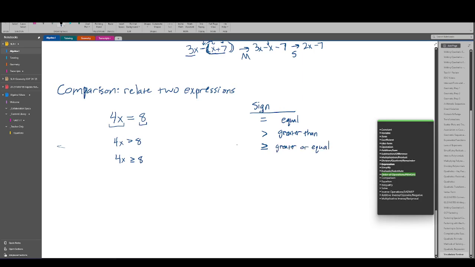And then we have comparators that say something is smaller. So if I have 4x and that symbol and 8, that means less than. So 4x is less than 8. And finally, if I have this one, it says 4x is less than or equal to 8. So you should be familiar with those symbols, but they all have something in common.